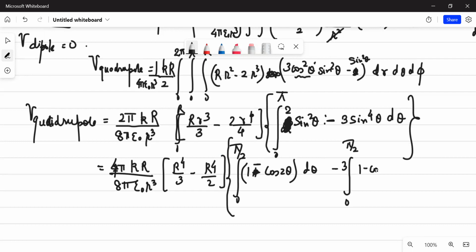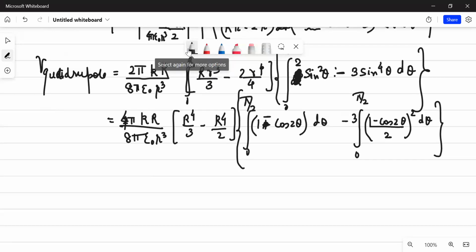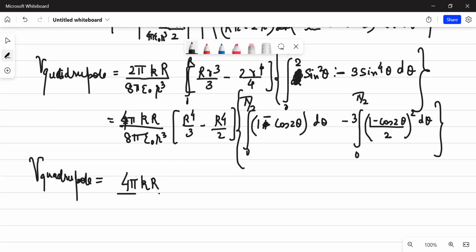This is 1 minus cos 2 theta divided by 2 the whole square, and then you have d theta. Okay, this is what it is. So eventually this V quadrupole is given by 4 pi k r divided by 8 pi epsilon naught, and then you have this r cube.